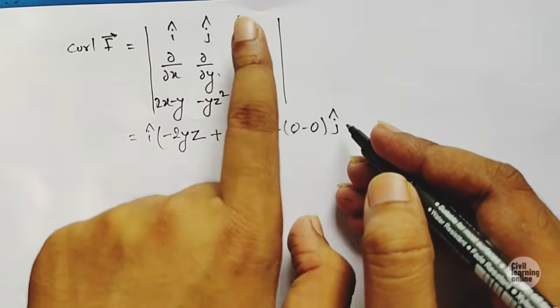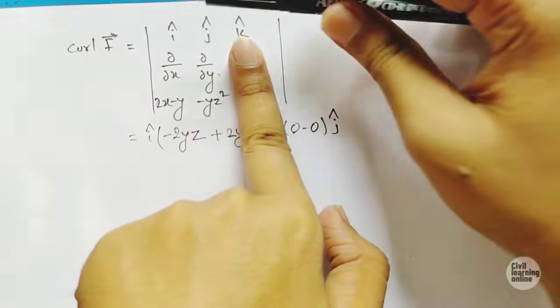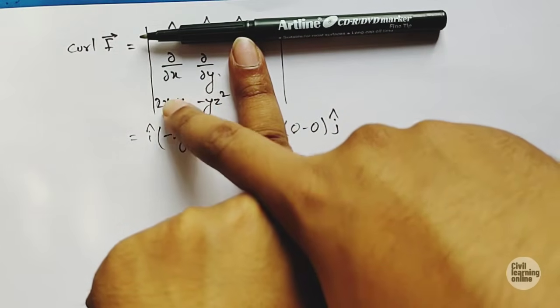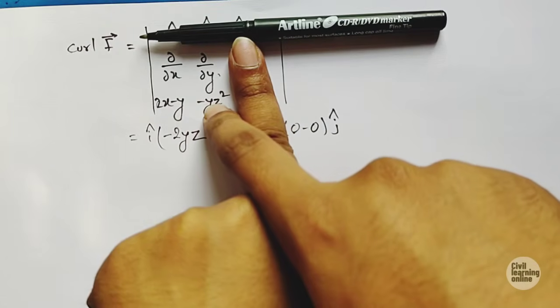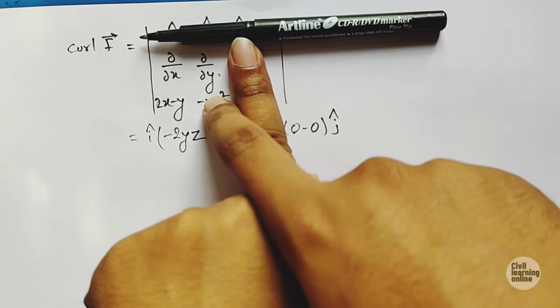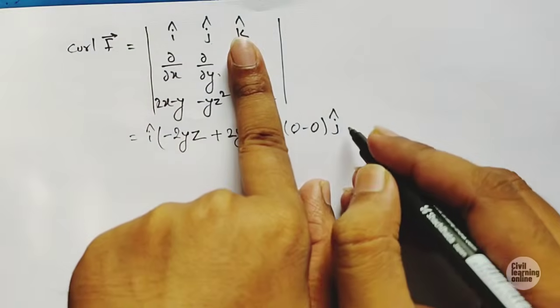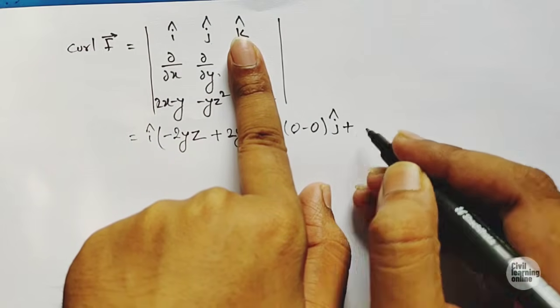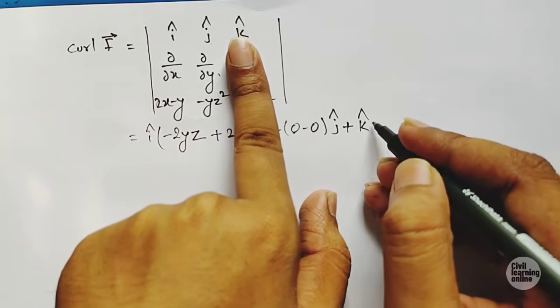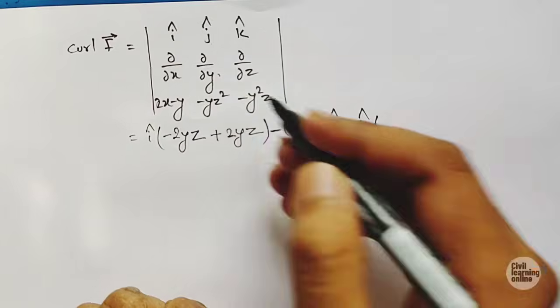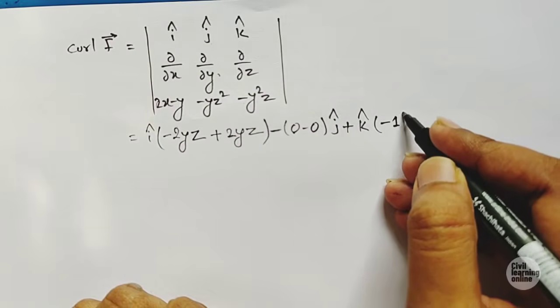Now for k cap, again we need to find the derivative of this portion with respect to x and this portion with respect to y. Here x is missing, so we get 0, and here the derivative of minus y is minus 1, so minus 1, with a positive sign, times k cap.